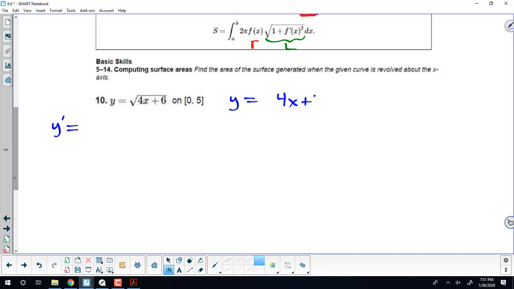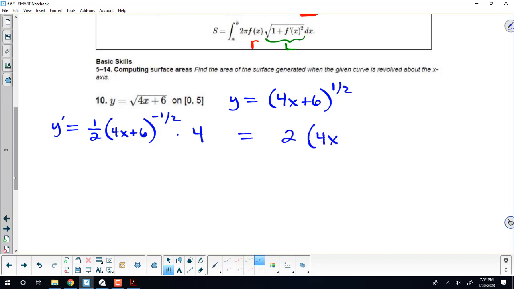This is 4x plus 6 to the power of 1/2, and this is a chain rule. So we have the derivative of the outer function, where the inner is left alone, times the derivative of the inner function. So let's combine the 1/2 and the 4. There's our derivative, 2 times the quantity to the negative 1/2.